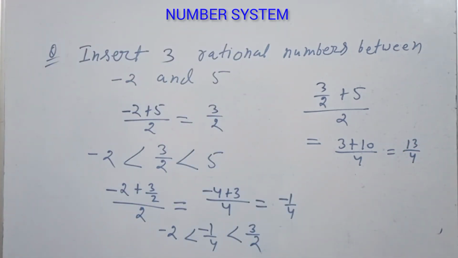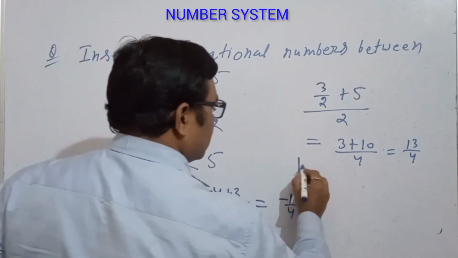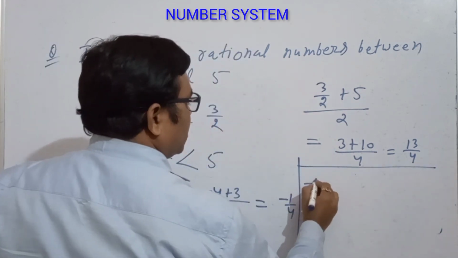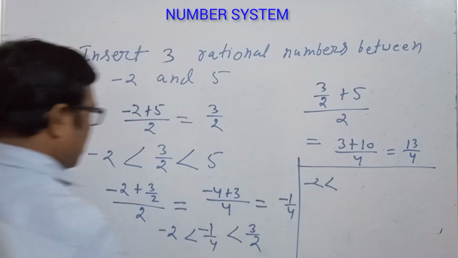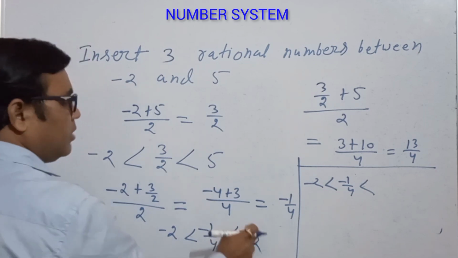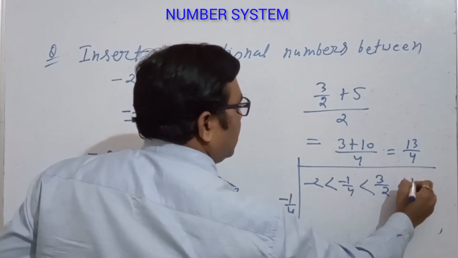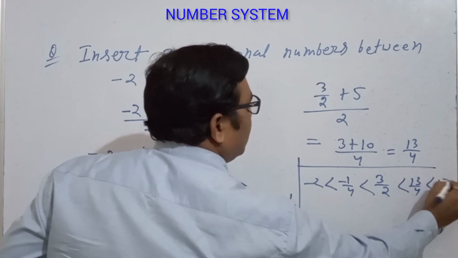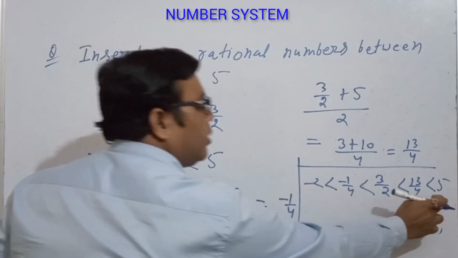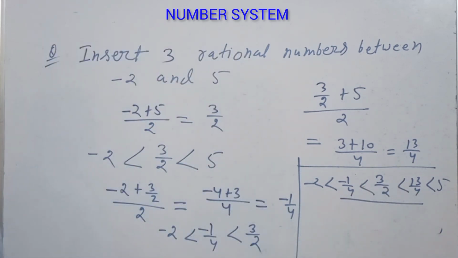So three rational numbers between -2 and 5 will be: -2 less than -1 by 4 less than 3 by 2 less than 13 by 4 less than 5. So between -2 and 5, these three are rational numbers.